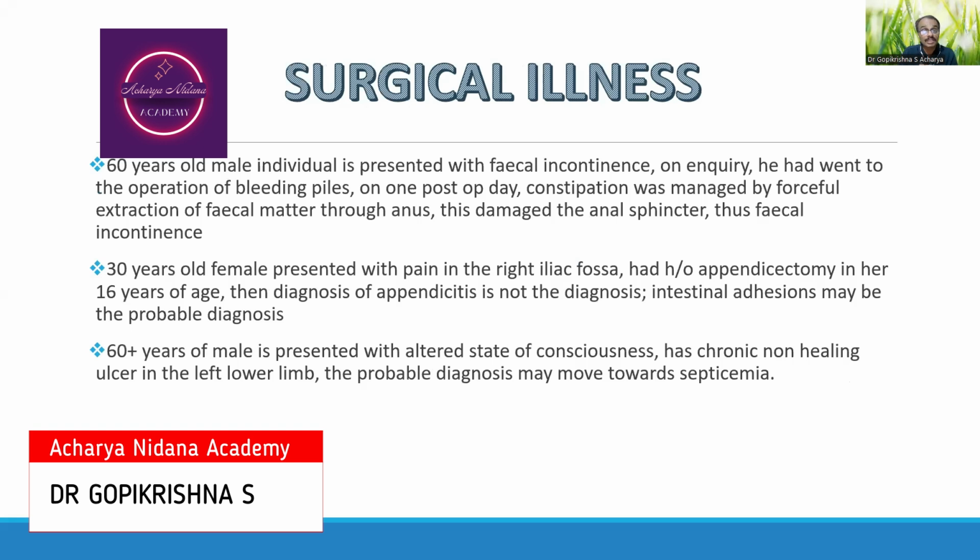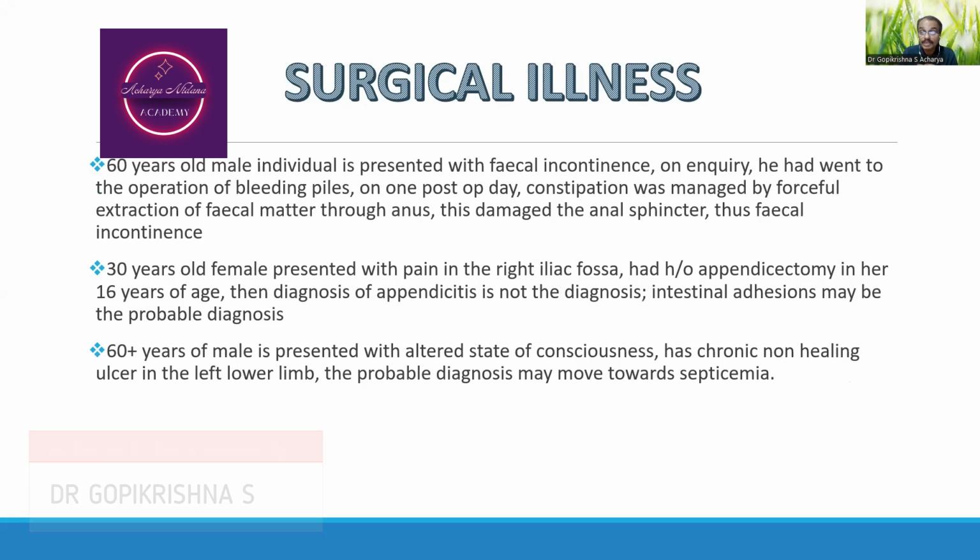When you think about surgical illness, as far as previous history is concerned, a 6-year-old male presented with fecal incontinence. On inquiry, he had undergone an operation for bleeding piles. On one particular post-operative day, the person was having constipation that was managed by forceful extraction of fecal matter through the anus.